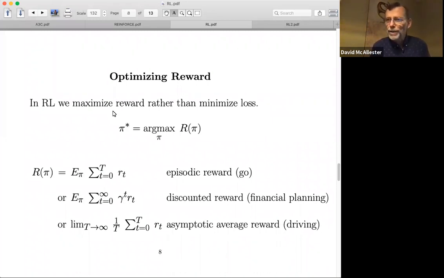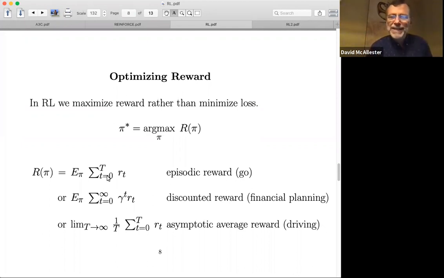We would like to learn how to take actions that lead to good reward. So at some level, there's this trivial definition of the best policy, right? This is what we're really trying to learn, the policy. And the best policy is just the policy that maximizes the reward. Trivial, right?